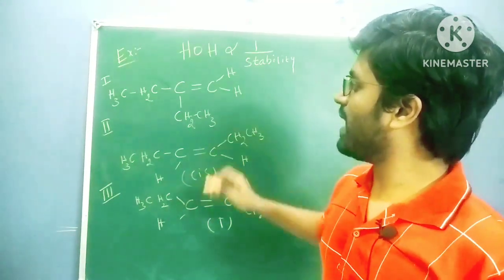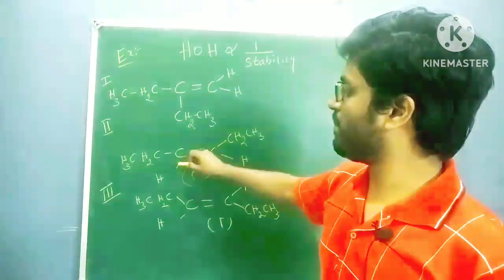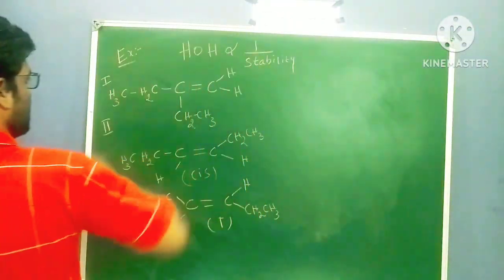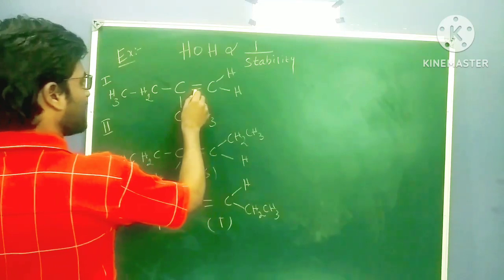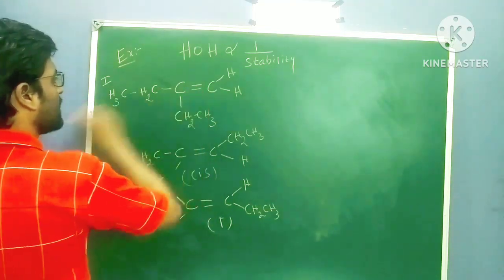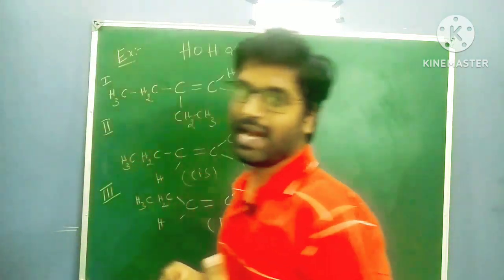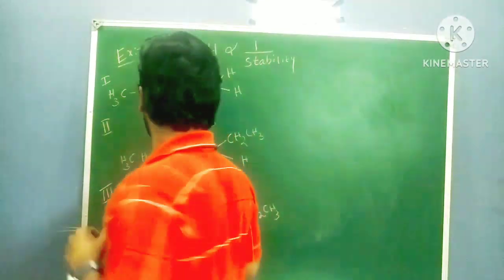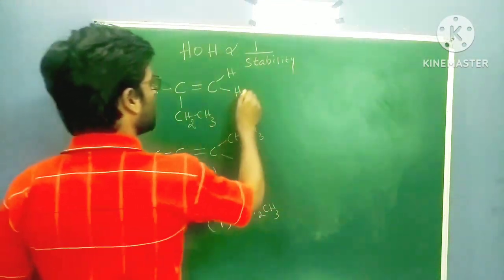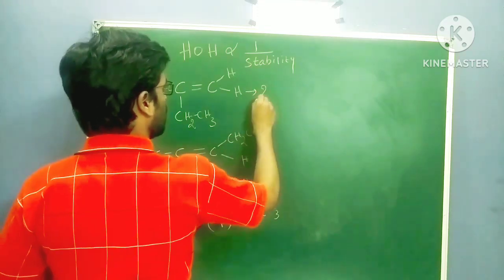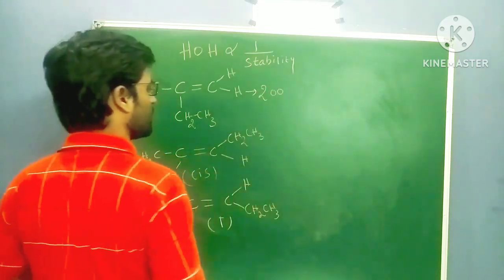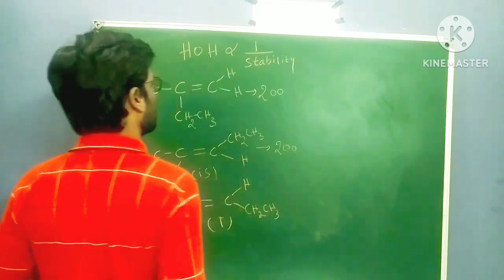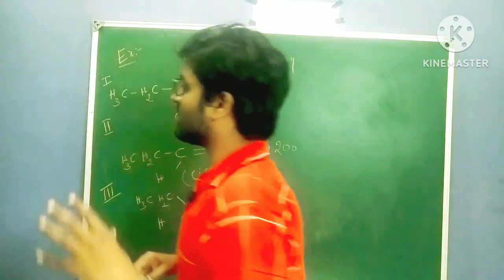Suppose this is a more stable alkene compared to these two. Whenever the stability is very high, to break this bond I have to give more energy to proceed the reaction. For suppose for this alkene I'm giving 200 kilojoule per mole energy, and for this reaction also I'm giving 200 kilojoule per mole.